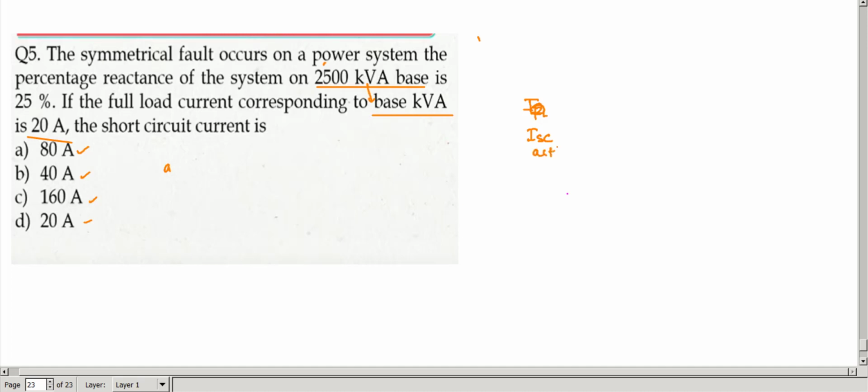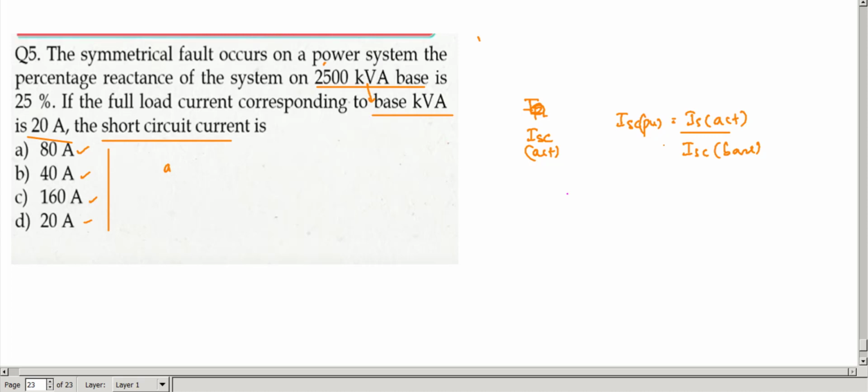We know that short circuit current per unit value equals short circuit current actual value by short circuit current base value. The short circuit current is defined in amperes, so it is an actual value. You have a unit. A per unit value doesn't have a unit.